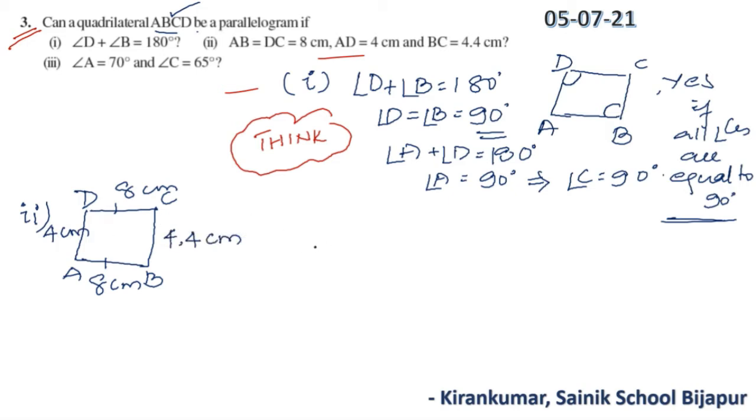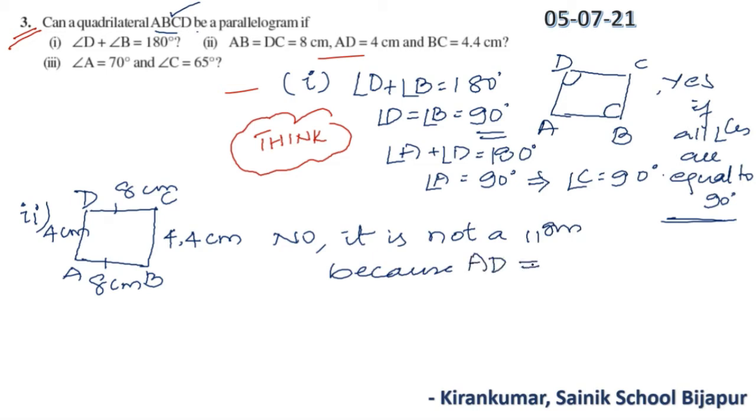We all know that in a parallelogram, opposite sides must be equal. In this case, the opposite sides are not of equal length. No, it is not a parallelogram because AD is not equal to BC.